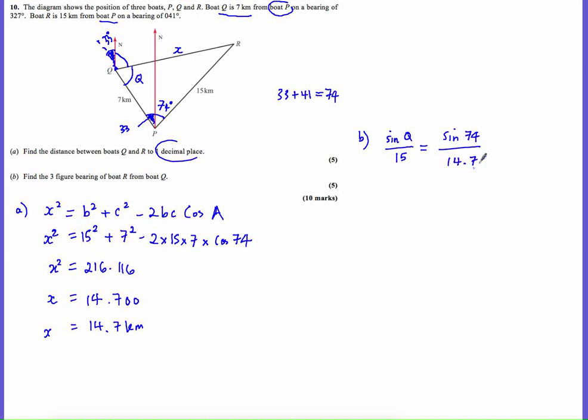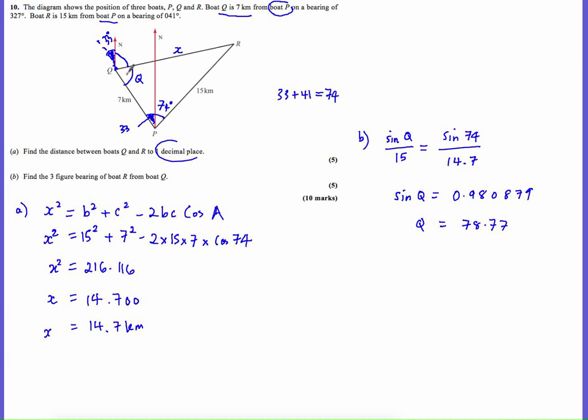The more decimal places you use there, the more accurate your answer is going to be. Times both sides by 15. You get sine Q is 0.980879. Remember, this should be a value between -1 and 1. Think of your graphs for sine, so if it's not, you've done something wrong. Inverse sine of that, 78.77.